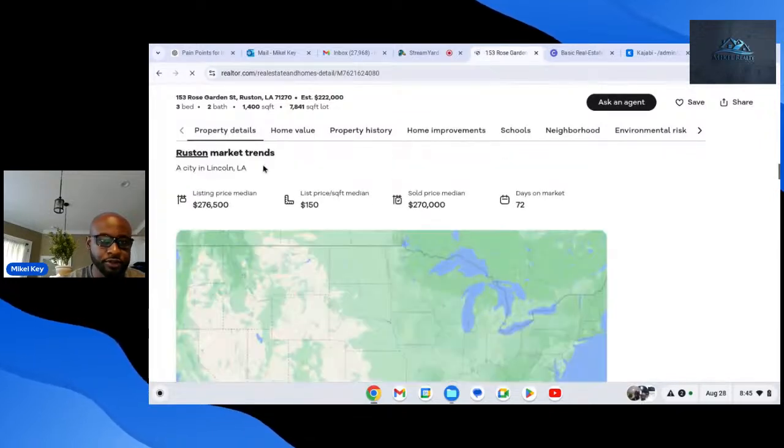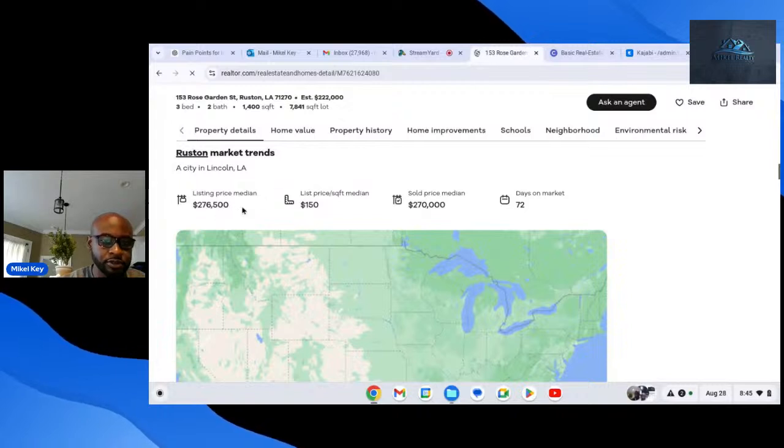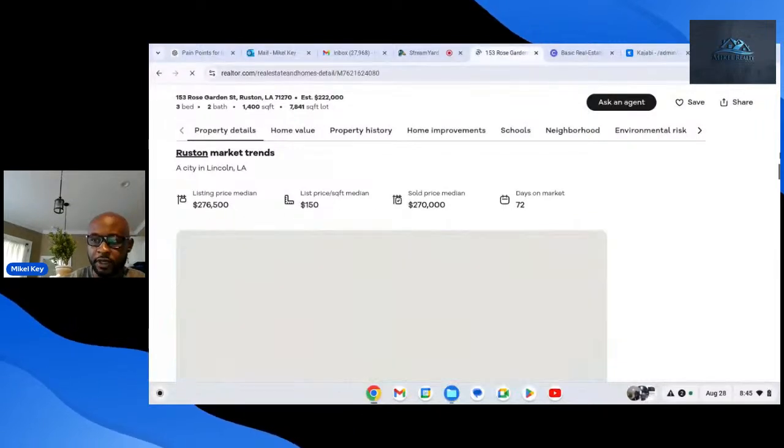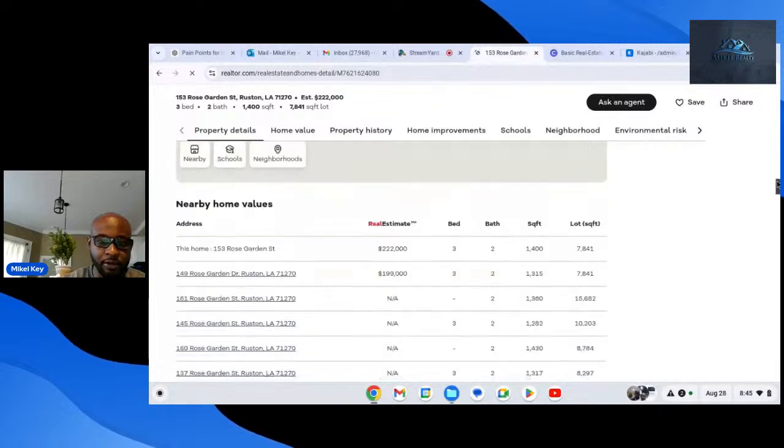In Ruston, if you go all the way down, it gives you the median listing price, $276,000. The median list price per square foot is the price per square foot I was talking about, $150 a foot. So if you play around with the data, it gives you all kinds of data.